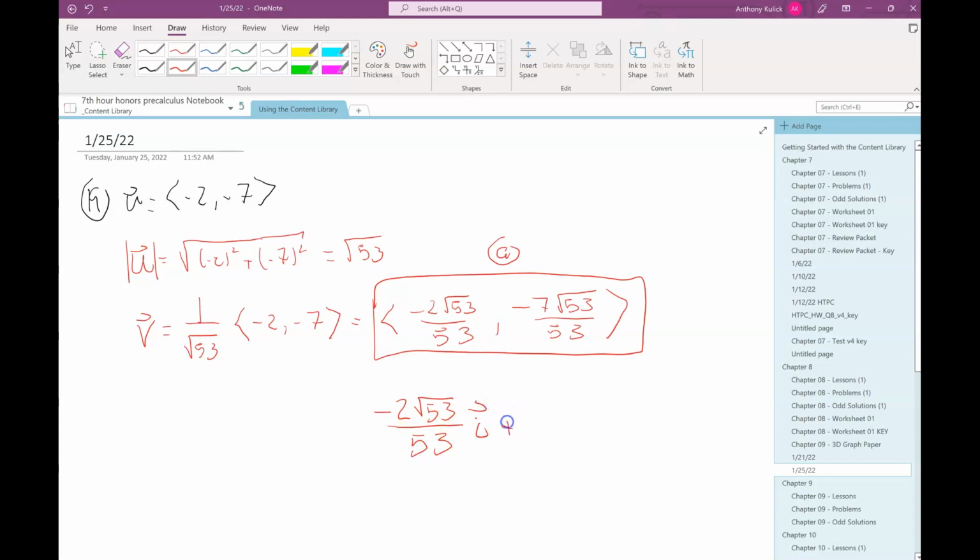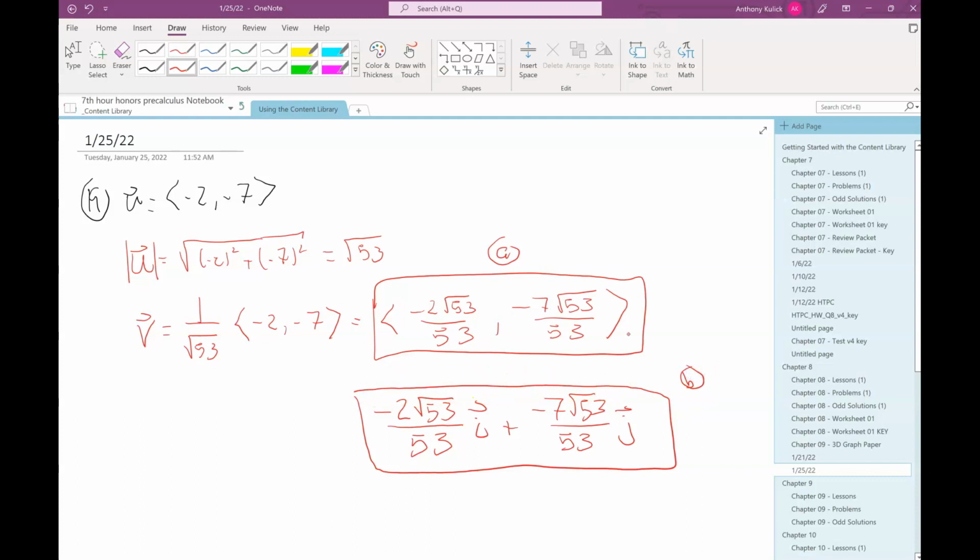All I'm going to do is write it with the x component going with the i vector, and the y component going with the j vector. So that's my answer for B. Yep. And again, if you wanted to, you could write that as just a subtraction symbol rather than plus a negative, but whatever. Does that feel cool? Yes. Yeah, no problem, my dude.